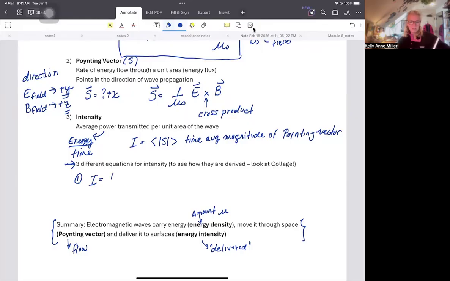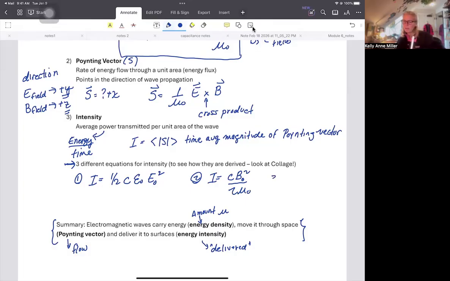So you can just multiply c times epsilon naught times the electric field squared. That's one way. Another way, and again, you can derive these, I did it for you on Collage just so you can see how you go from one to the other, is just c times the maximum magnetic field squared divided by 2 times mu naught.